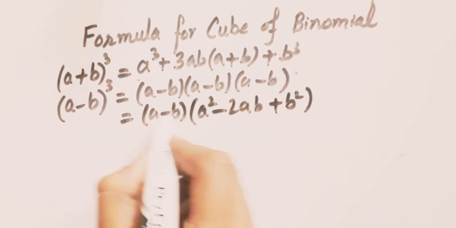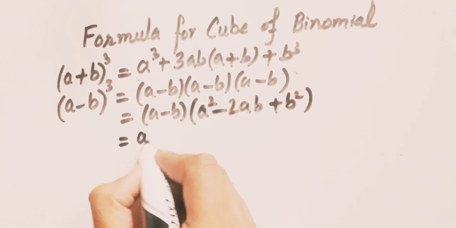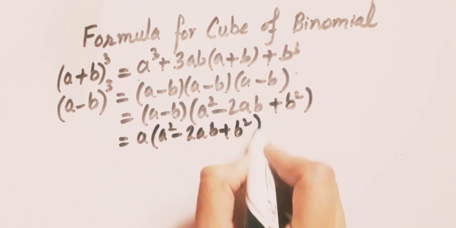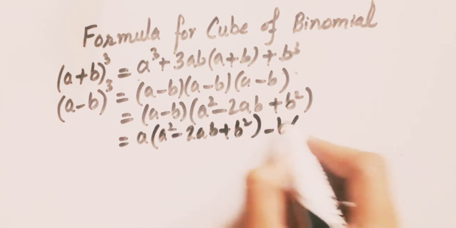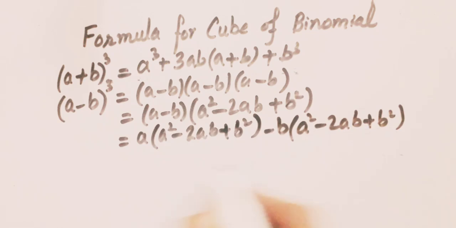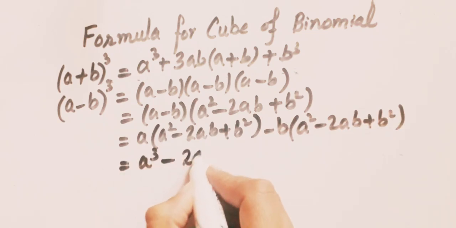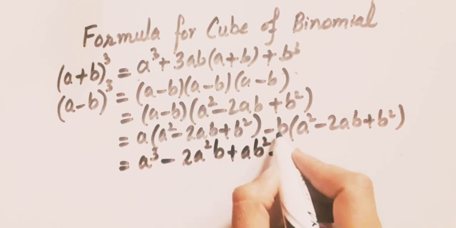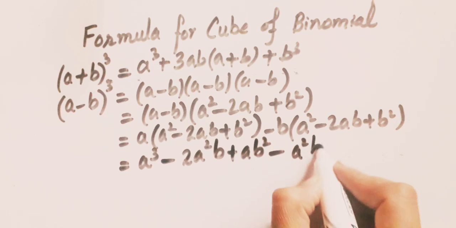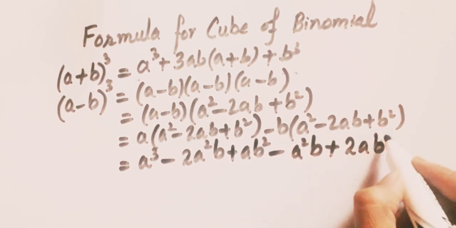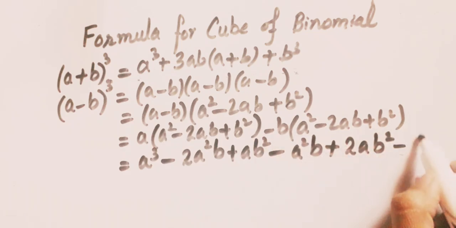So now we multiply (a square minus 2ab plus b square) and minus b into (a square minus 2ab plus b square). We will get a into a square, a cube, minus 2a square b plus ab square, minus ba square, minus into minus is plus 2ab square, and minus b cube.